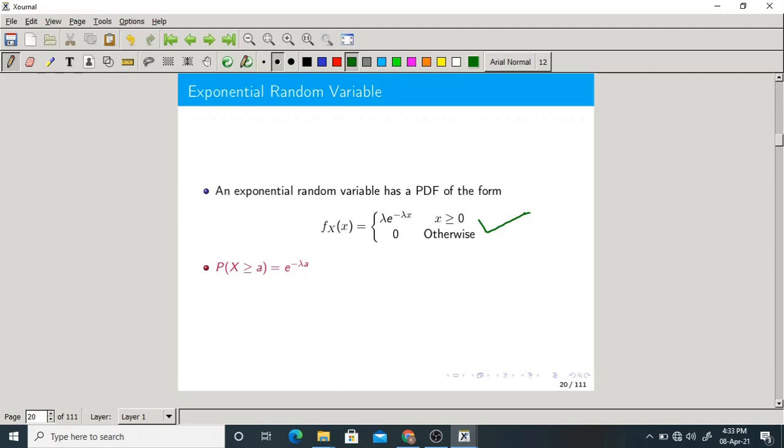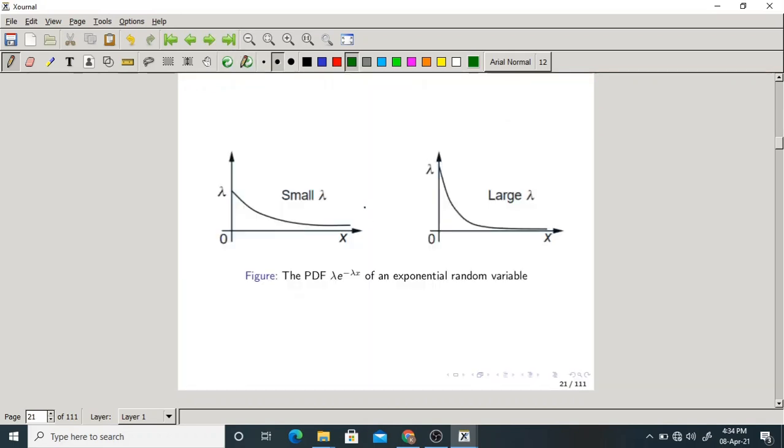It is a legitimate PDF. This is very important. These are the graphs of the PDF of the exponential random variable for small value of lambda and large value of lambda.